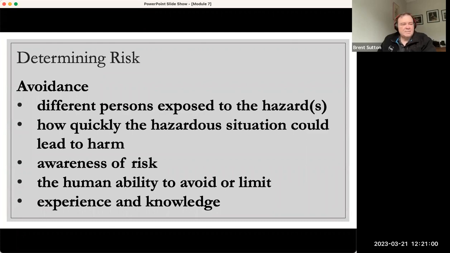Once again, anything above walking speed does not really give us much time to avoid, and that person's experience and knowledge. And avoidance is really broken into three components, and the risk assessment we've provided to you as a handout. It's seen as that they can avoid, that they could avoid, or they can't avoid.